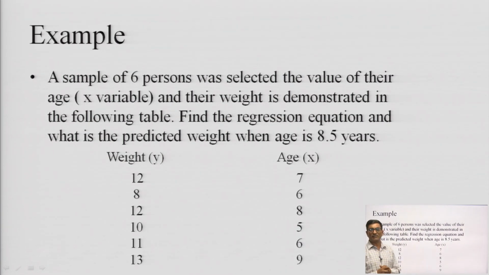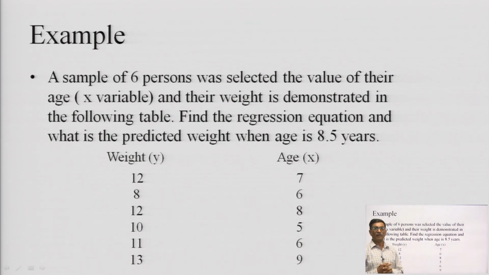To understand this, we take an example. A sample of 6 persons was selected, and the values of their age, the x variable, and the weight are demonstrated in the following table.